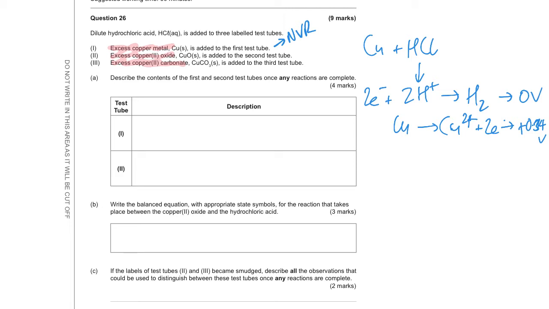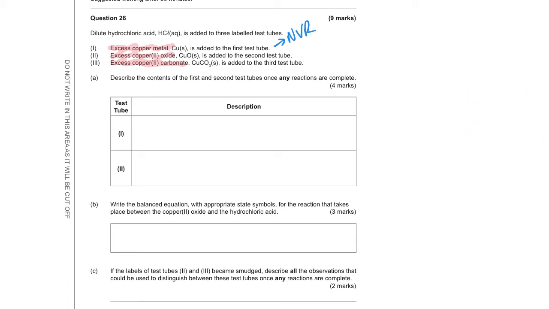Okay, the second one, the copper oxide. This is an acid-base reaction, right? The copper oxide plus HCl will react, and it turns into copper chloride, copper(II) chloride, and H2O. You just got to balance that out. That's that reaction there that will occur.